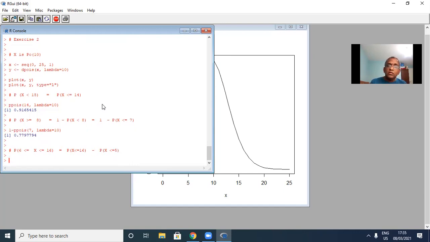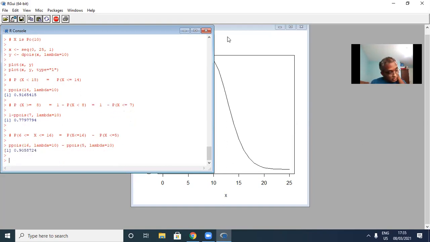Remember, X is integer valued. So in R, you will compute this as P Poisson at 16, lambda equal to 10, minus P Poisson at 5, lambda equal to 10. All right, so that's the answer.